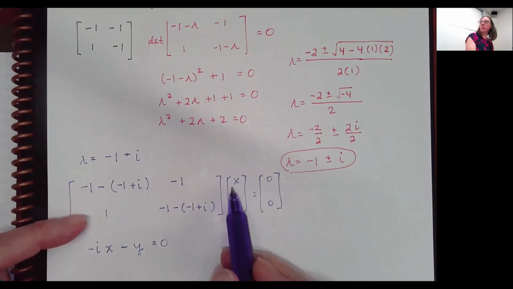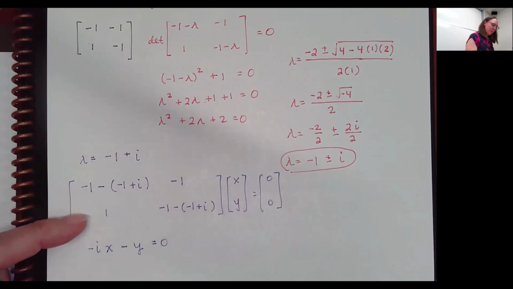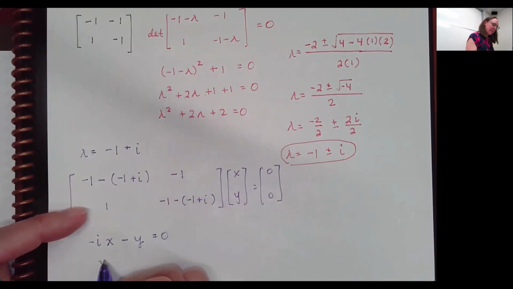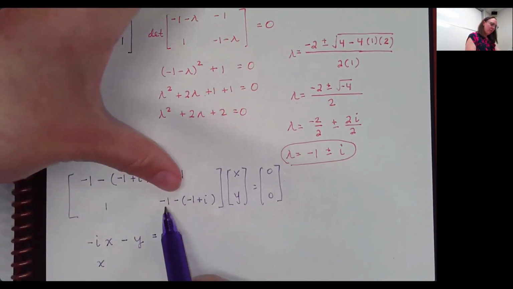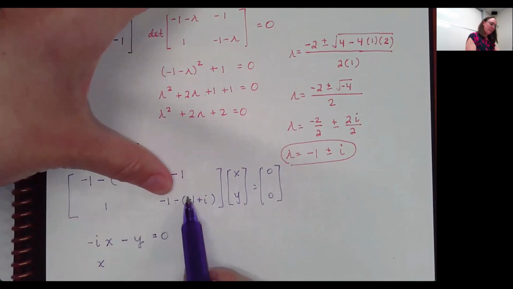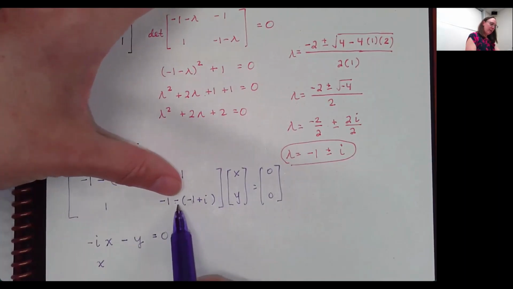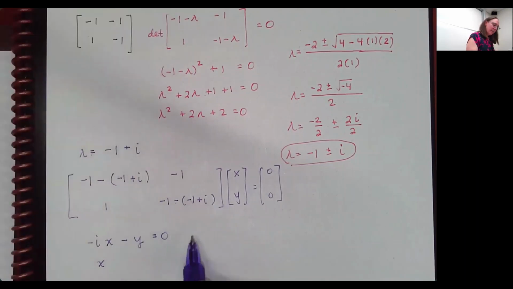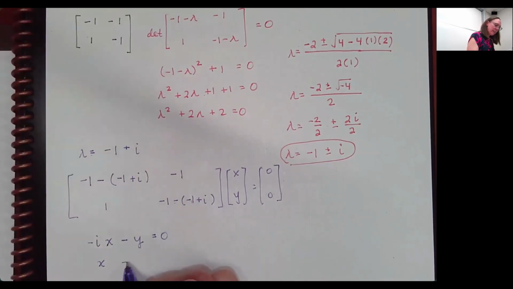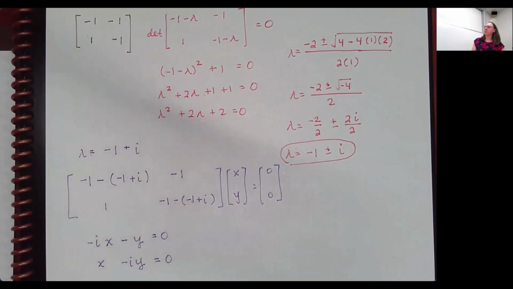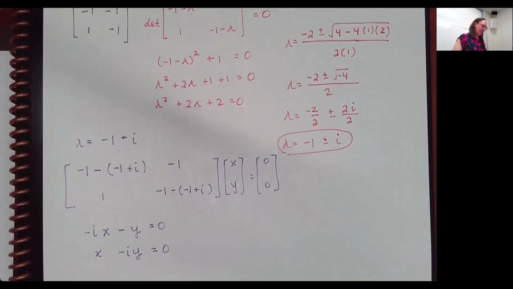And if I look at the bottom row, that would say x, and then I've got a -1 minus a -1, that goes to 0 again, and then a minus i, so minus i times y is equal to 0. They should tell me the same piece of information.